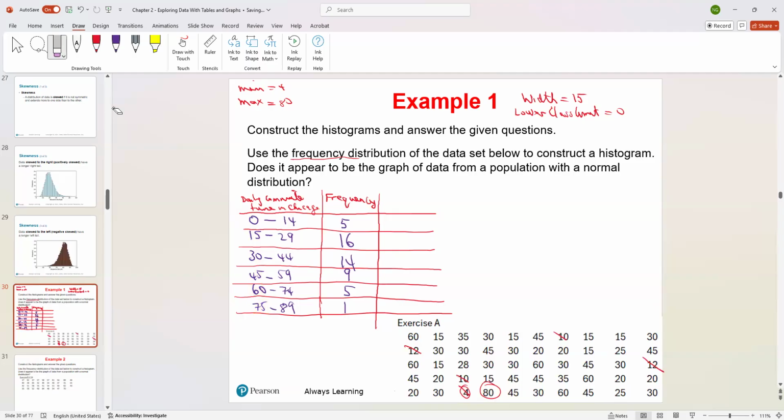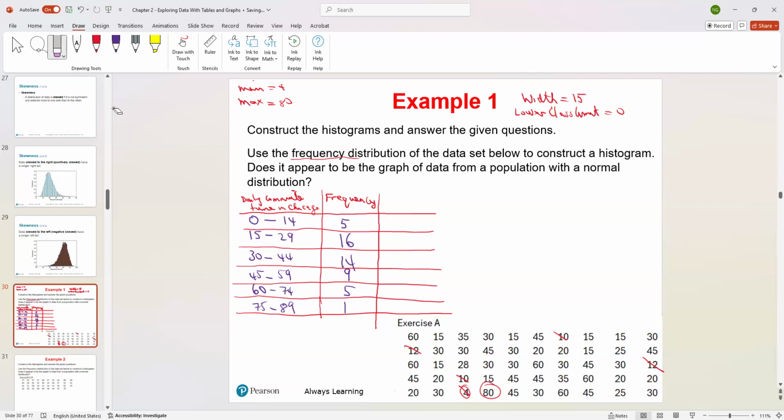Most importantly, we need to know how many data we have in that data set. I believe it's 50. So we need to make sure that we add all the frequencies so we can obtain the total.